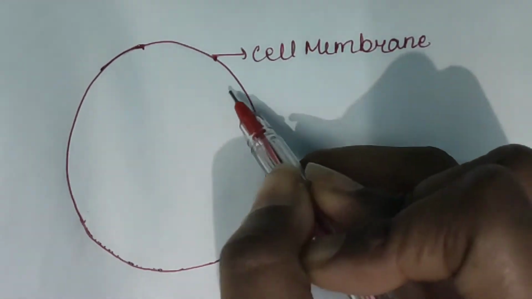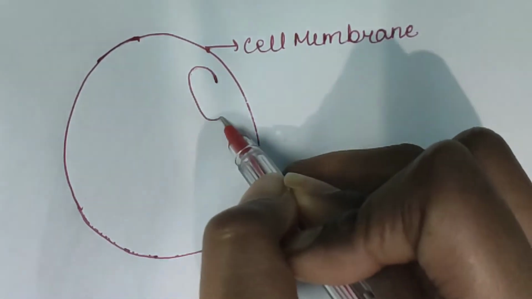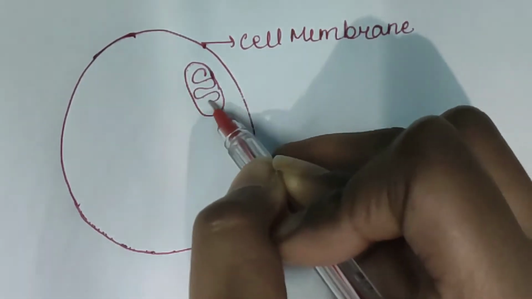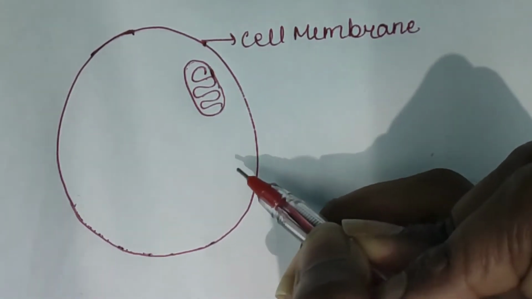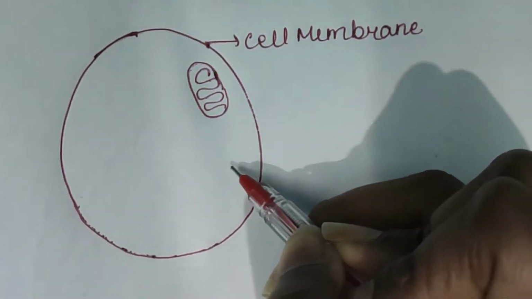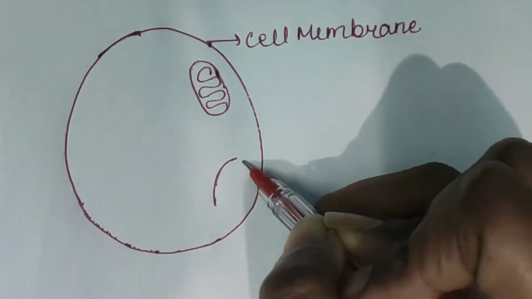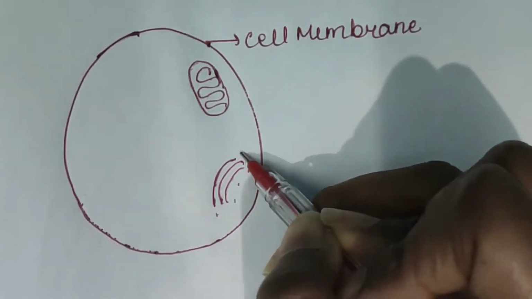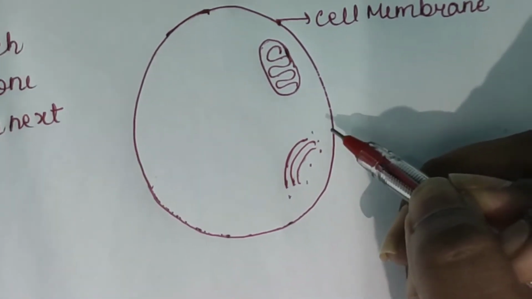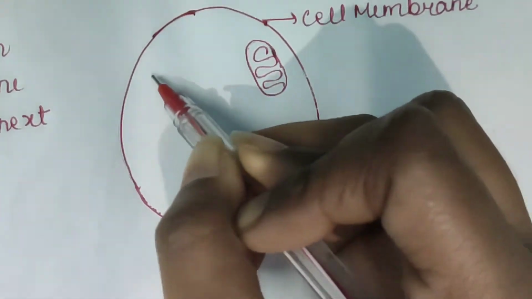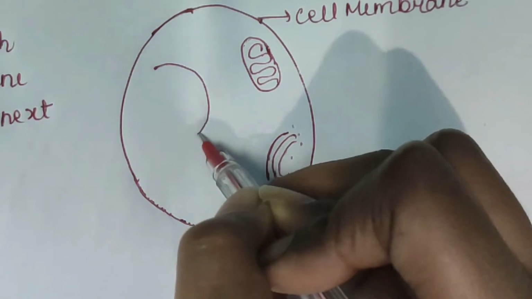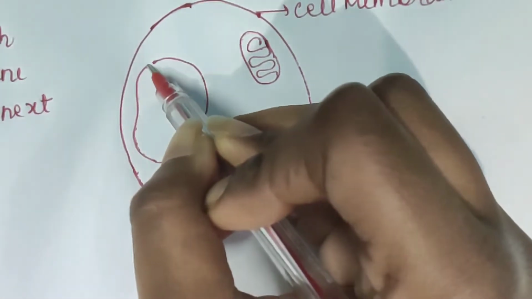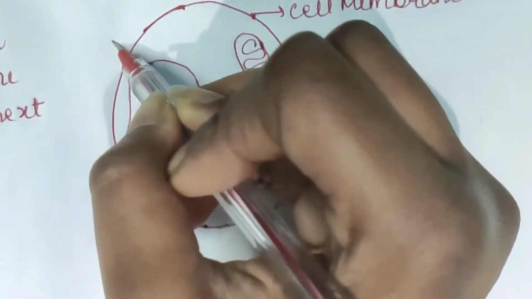Besides this, a cell consists of different kinds of cell organelles, like the mitochondria, which is the powerhouse of a cell and provides energy for its metabolic activities, and the Golgi body, which helps in transportation. Besides them, a cell consists of the most important cell structure, which is called the nucleus.